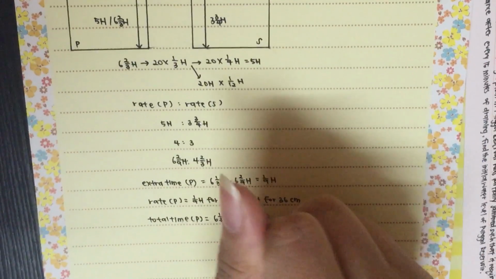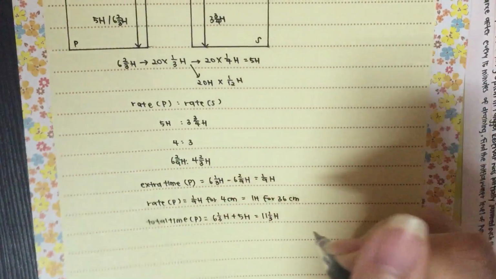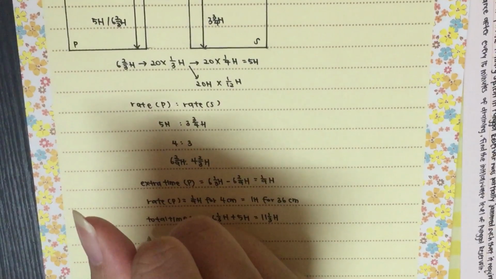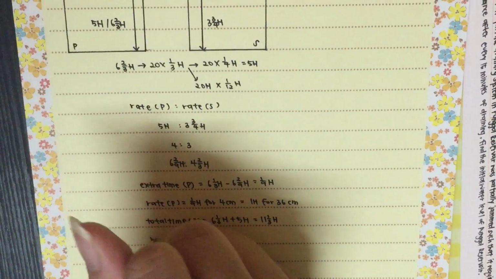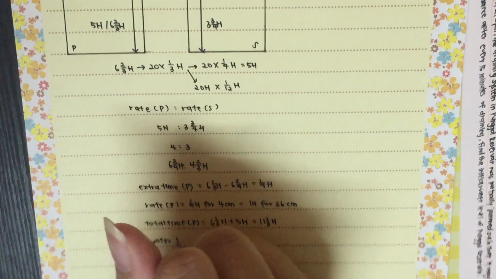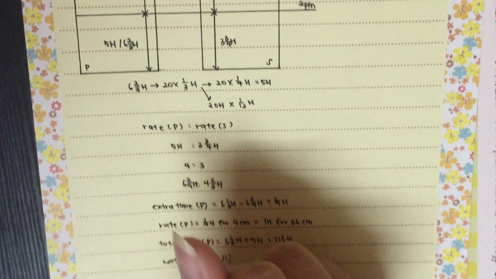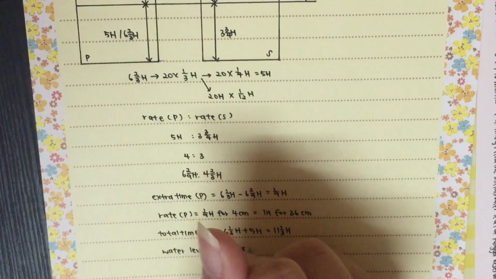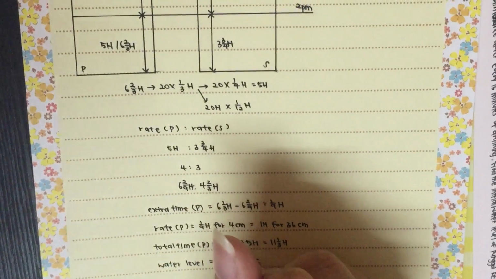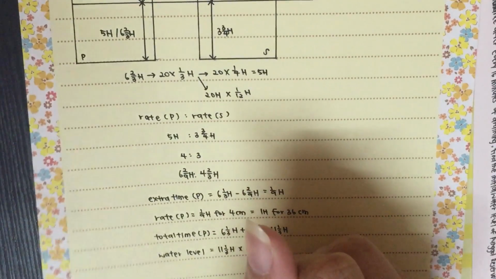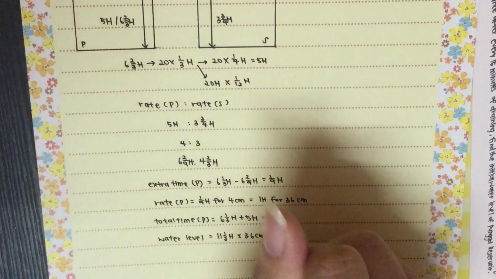So over here we should get 11 1/3 hours. Therefore, the water level will be equal to the time times 36 cm for every hour, which will give you 408 cm.